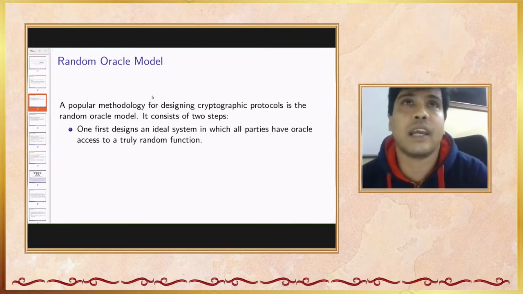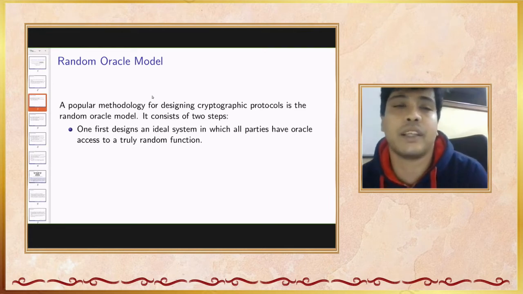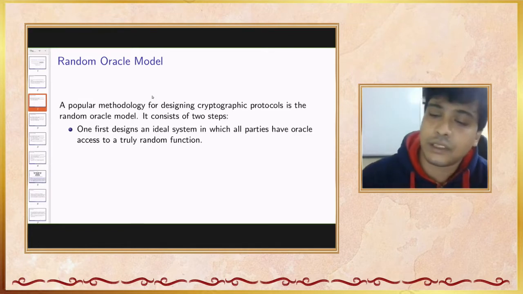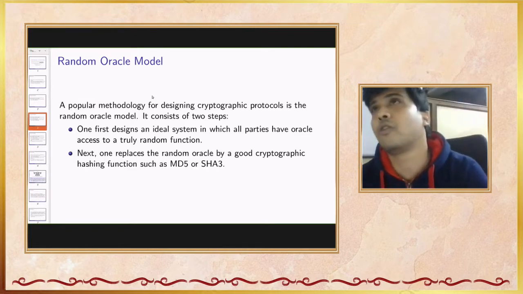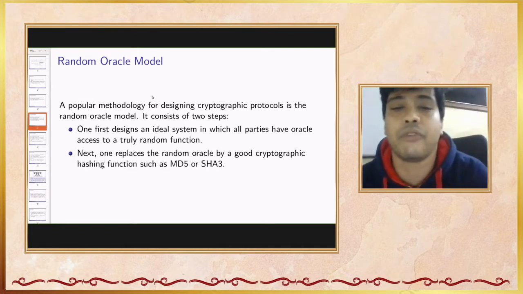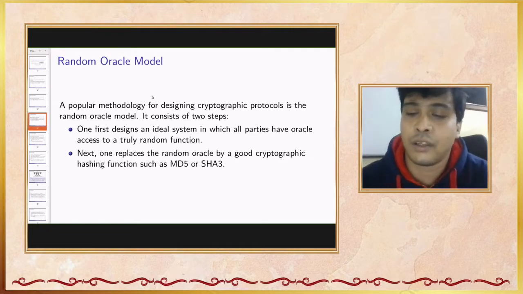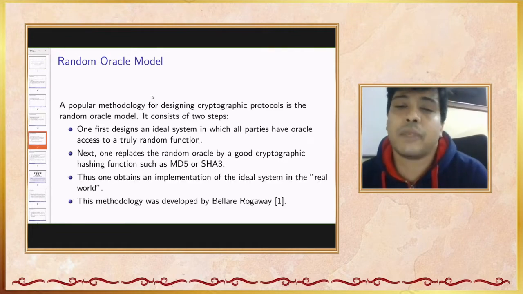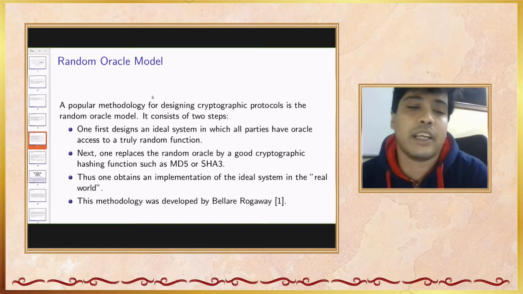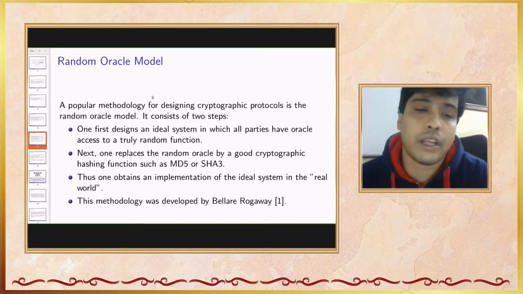At first, we design an ideal system in which all parties have oracle access to a truly random function. And then we replace the random function with a good cryptographic hash function, such as MD5 or SHA-3. In this way, we can basically replace the ideal system in the real world. Bellare and Rogaway developed this method.